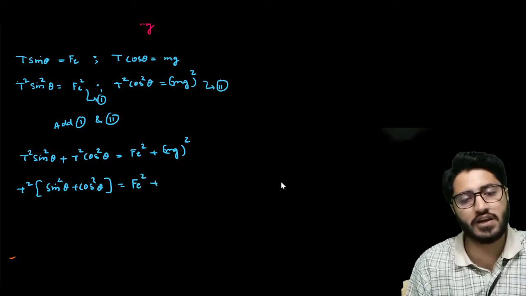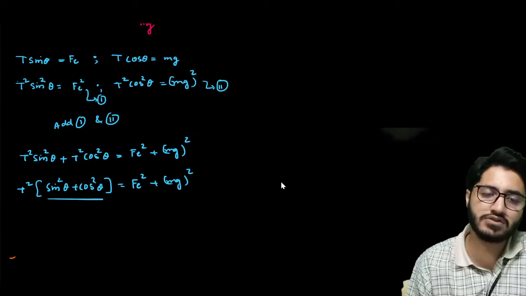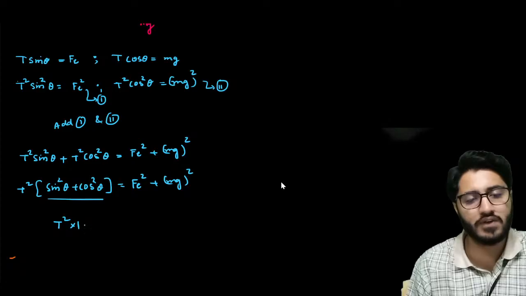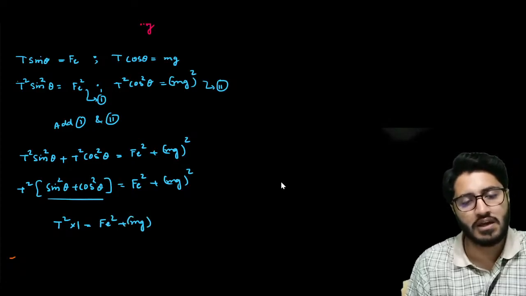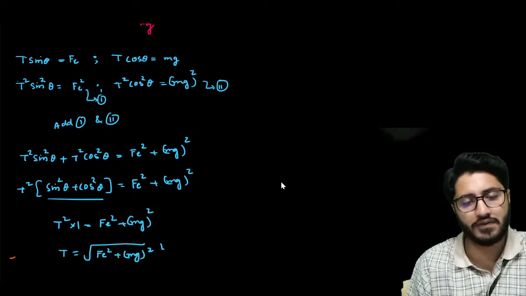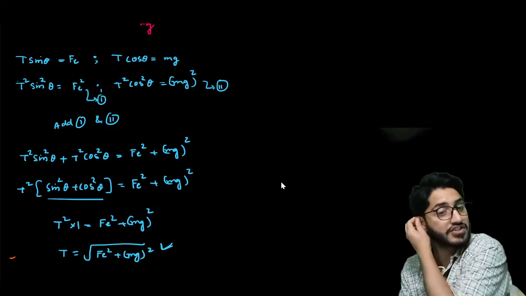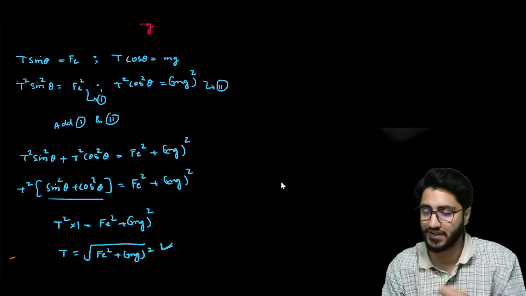Sine square theta plus cos square theta is 1. So I can write T square into 1 equals Fe square plus mg whole square. So T is equal to under root of Fe square plus (mg) square. This is the equation by which we will get our net tension in an insulated string.